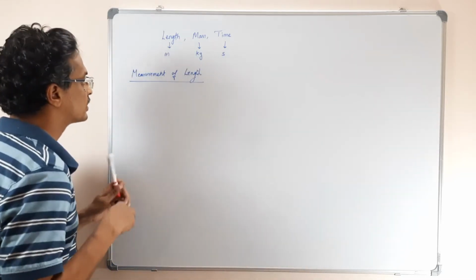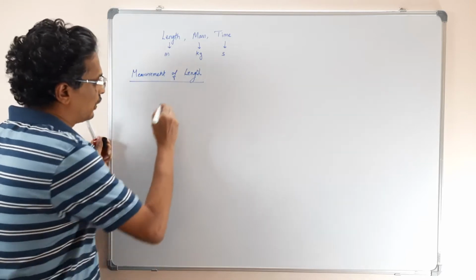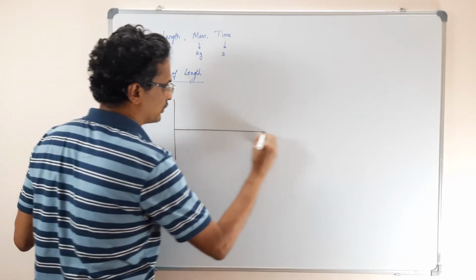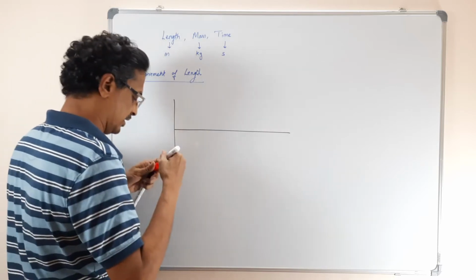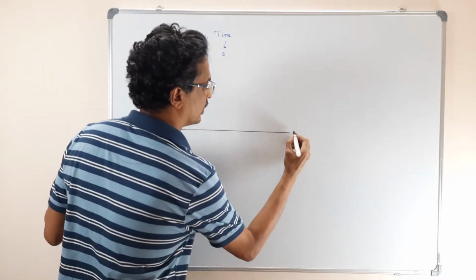If I draw the wave, let us assume the wave is like this. This is the distance x.